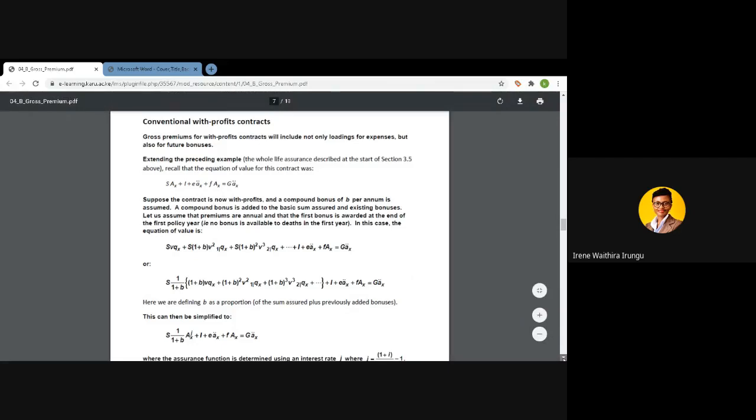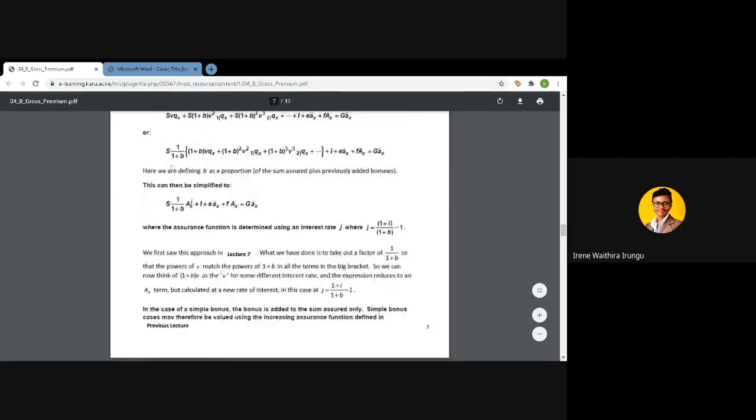So our expenses, initial as well as renewal and any claim expenses, will remain as we had valued them, because this with profits contract only affects the sum assured, which is what we are assuming will be growing by a certain rate. The premiums again will still remain the same. So all we need to determine is how we modify our sum assured.